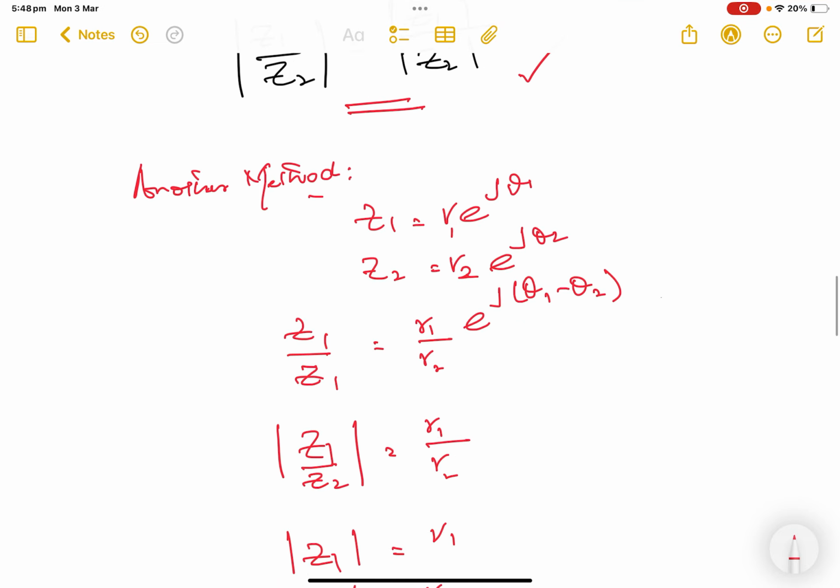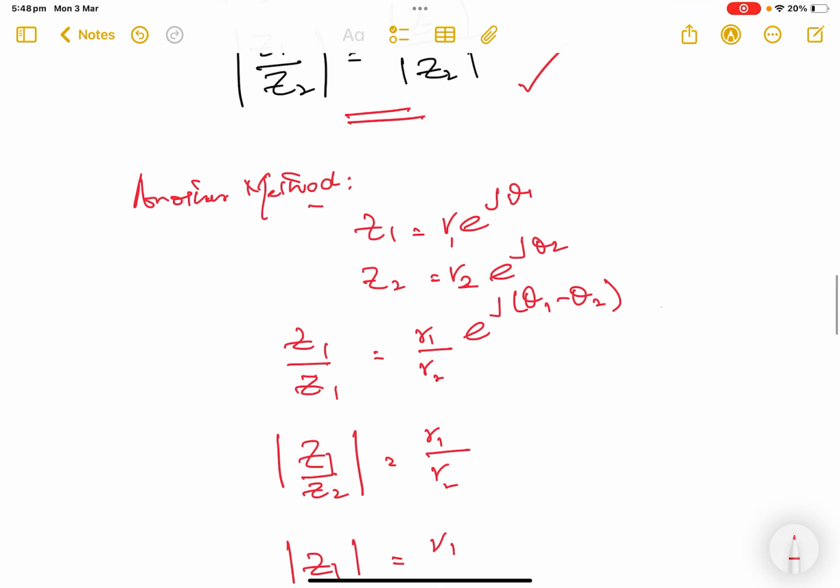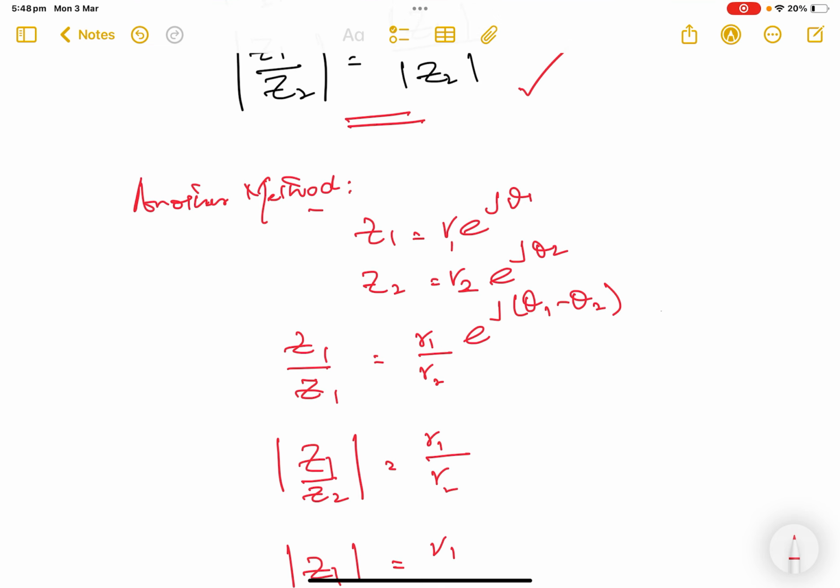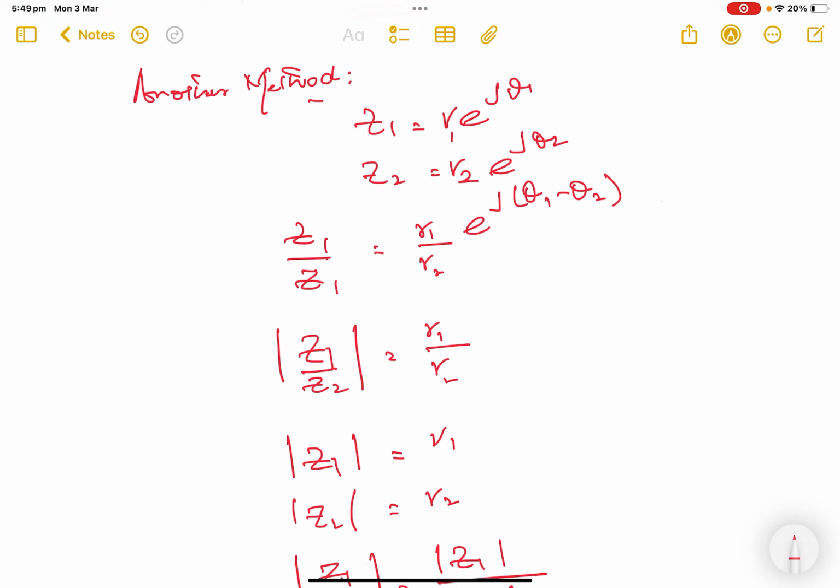As I said, there's another way of doing it. I am not quite sure this is applicable to the Sri Lankan A-level syllabus, so I'm just giving it. There's another format we can use. Z1 equals R1 e to the power of j theta 1, Z2 equals R2 e to the power of j theta 2. Z1 over Z2, one complex divided by the other, is R1 over R2, e to the power of j, theta 1 minus theta 2, j is common.